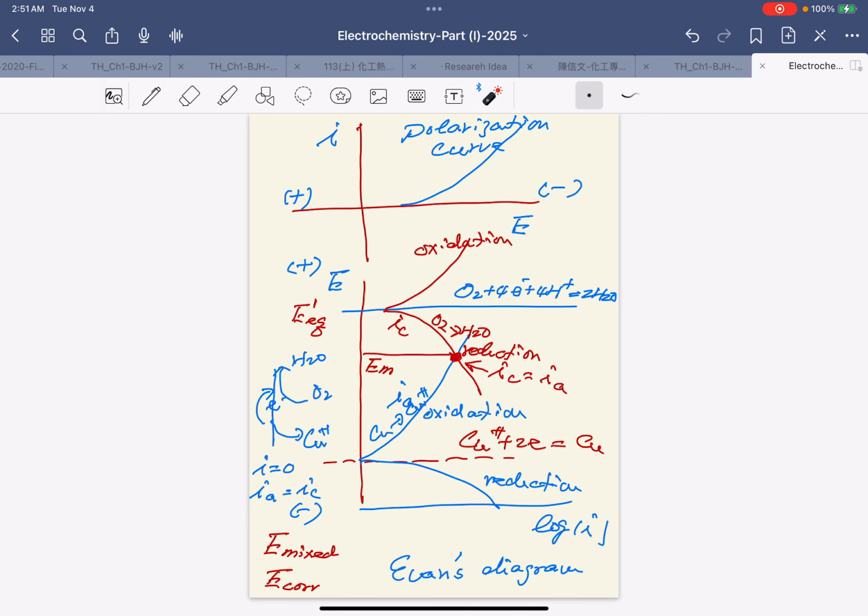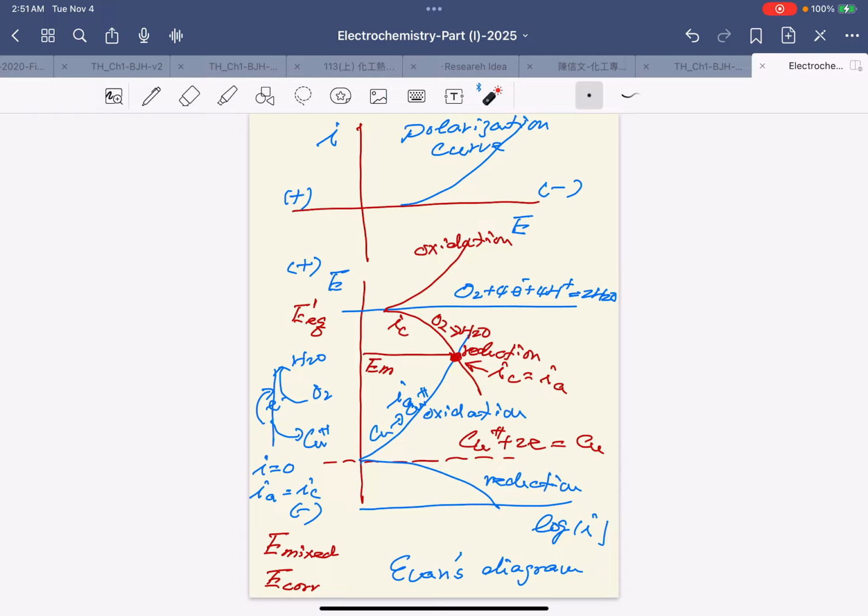The oxygen reduction potential is like 1.23, which is higher than the copper couple at like 0.24. So you have 2 equilibrium potentials. This is log I. You can draw this for the oxygen reduction reaction and study it individually, with this oxidation and this reduction. And for copper as well, this oxidation of copper and this reduction.